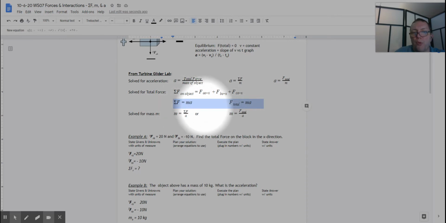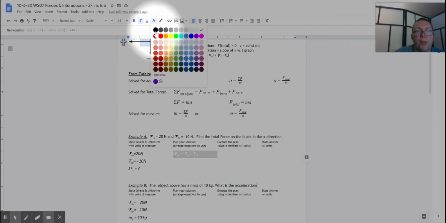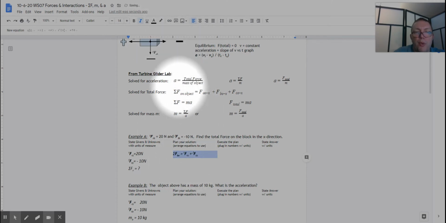And remember, in this row these two equations are the same thing. So the equation that's probably most useful is this one. We can use the sum of the forces on the object. The sum of the forces on the block in the x direction is the tension, rope on the block, plus friction, table on the block.